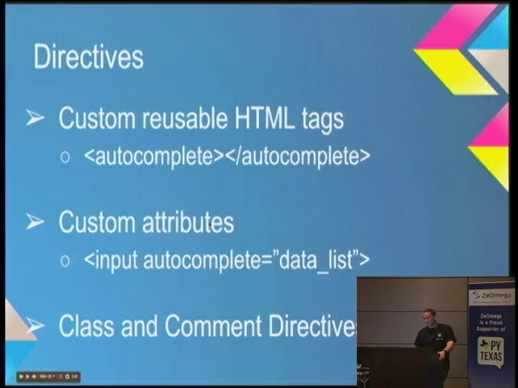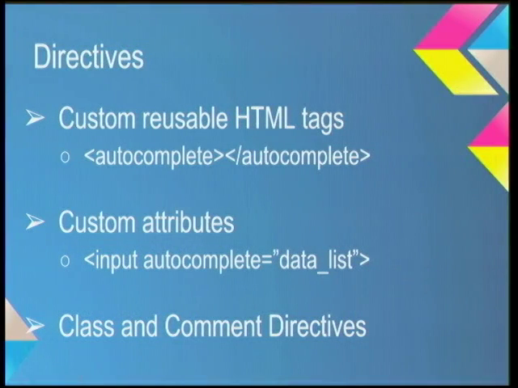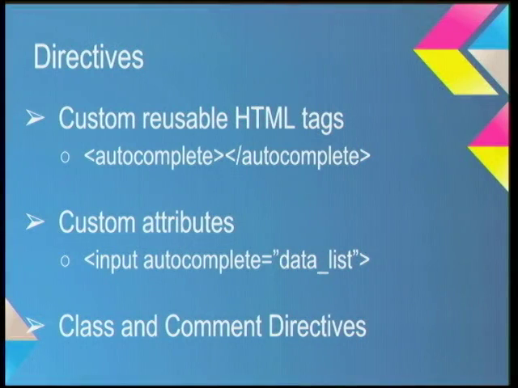All right, so let's talk about directives. And directives are really cool. Remember this isn't Python, so it's not going to look as pretty, unfortunately. But directives are really cool because they let you make reusable components. So a directive can be an HTML tag.